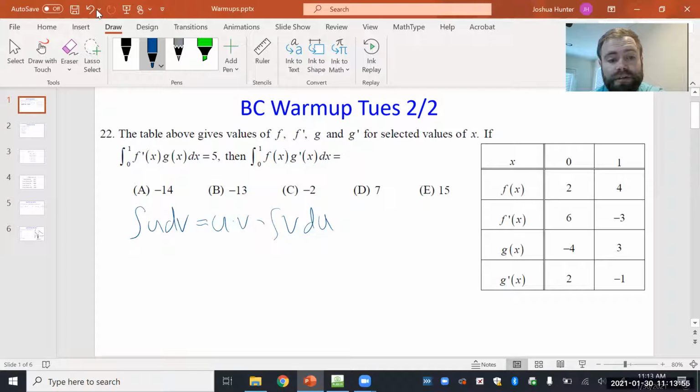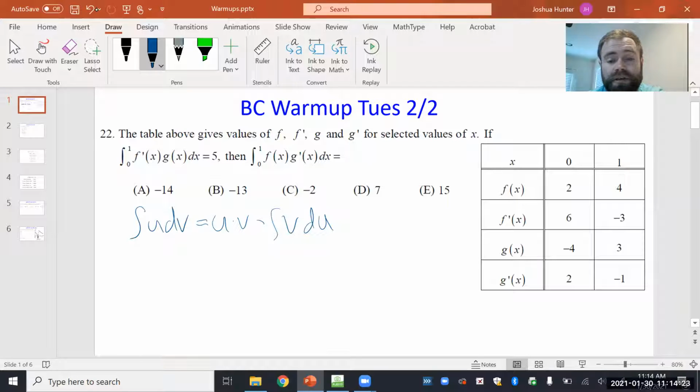Well, dv indicates that it's the derivative of something. For u, we would need to take its derivative. And for dv, we need to choose something that we can find its integral. If we chose dv to be f, we don't know the antiderivative of f. They didn't give that to us here. They gave us f, f prime, g, and g prime.